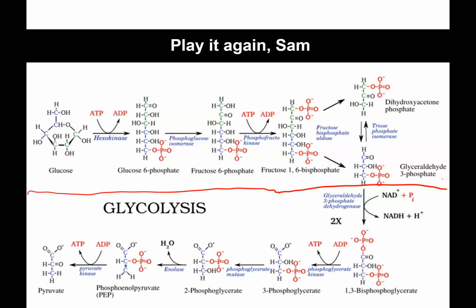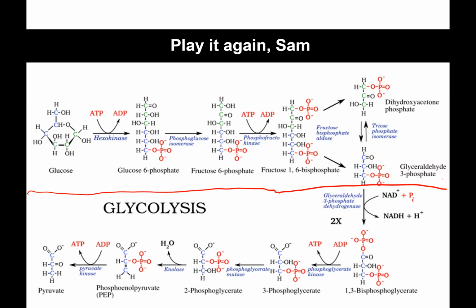This highlights the carbons. We have green carbons and blue carbons here. So we see where they split off in the formation of DHAP and G3P. But as we noted, once DHAP isomerizes to G3P, we really don't know the fate of the carbons at that point. Certainly have all the enzyme names here.